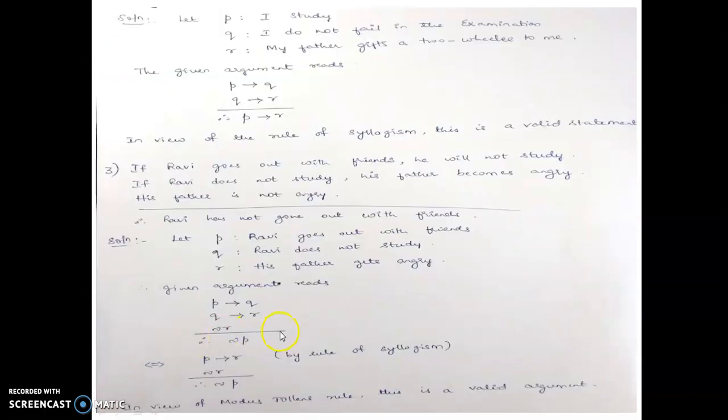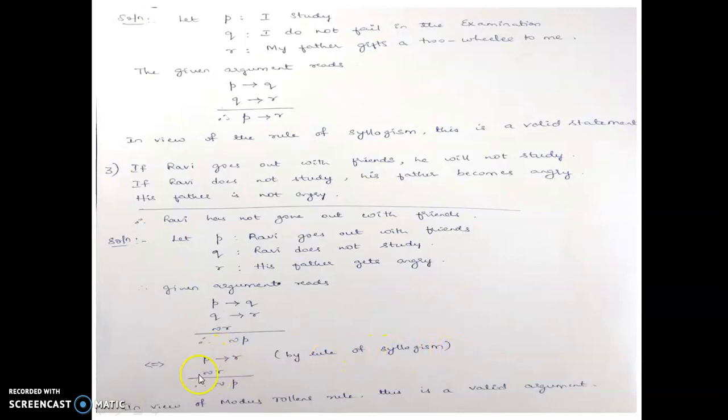So the resultant, if at all we come across such a situation, is finally Ravi has not gone out with friends, which here means negation of P. So negation of P, P conditional Q, Q conditional R. If you simplify this, you will get P conditional R by the rule of syllogism.